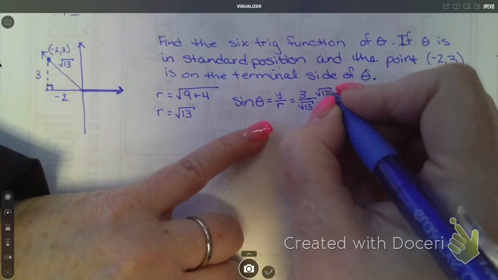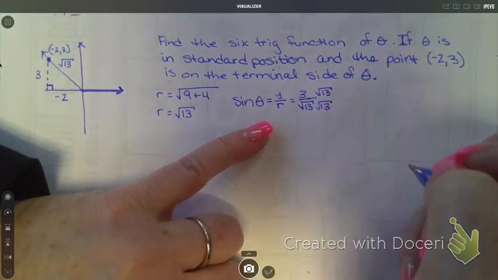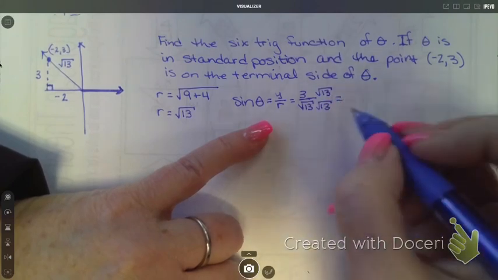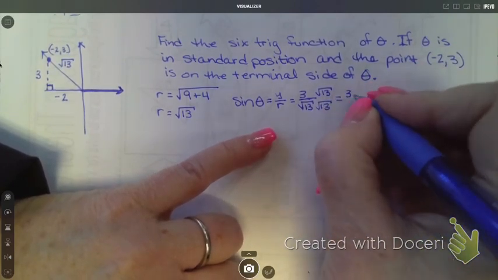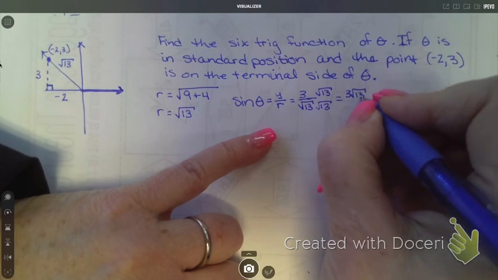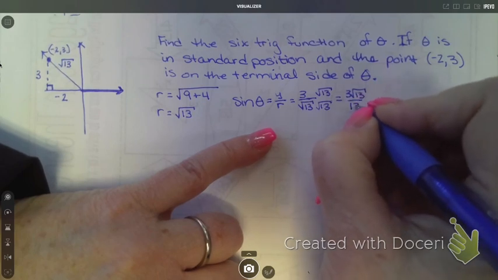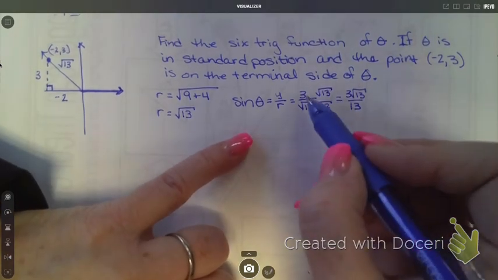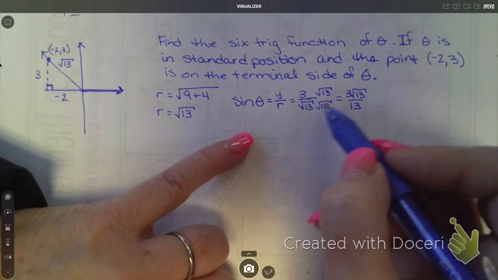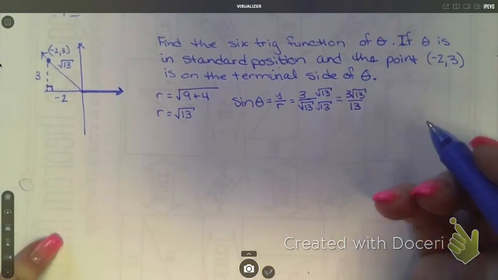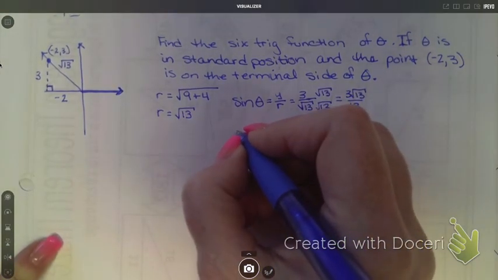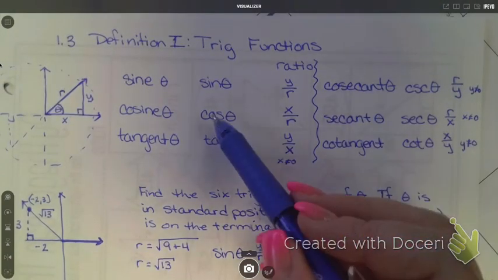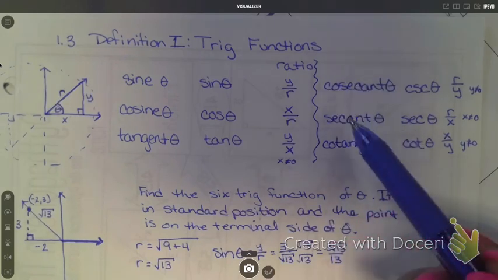You will definitely start doing this without writing it all out, but I'm going to write it all out. So this would be 3 square root of 13 over 13. After you do that about 2 times, you'll start doing it in your head. Do you want to go ahead and do cosecant right away, or do cosine and tangent and then cosecant, secant, cotangent?